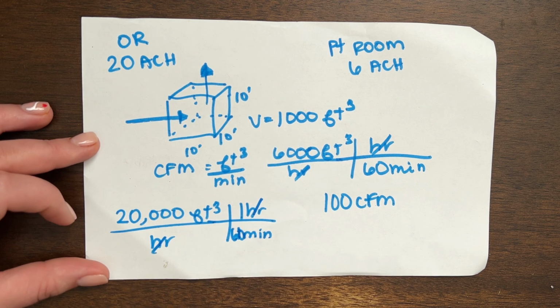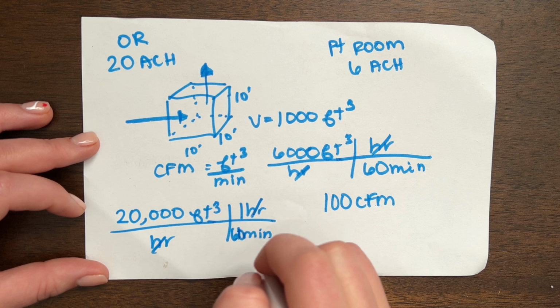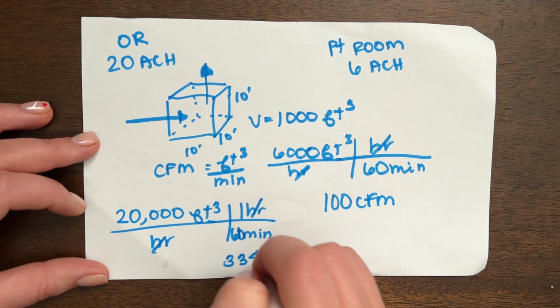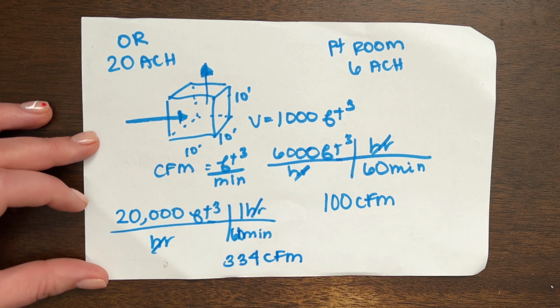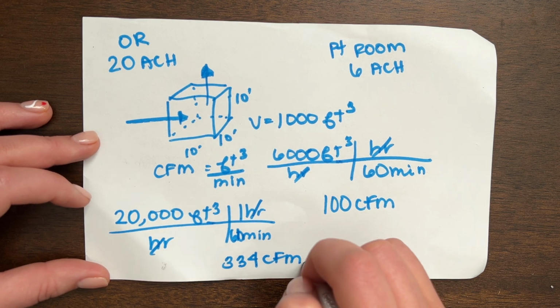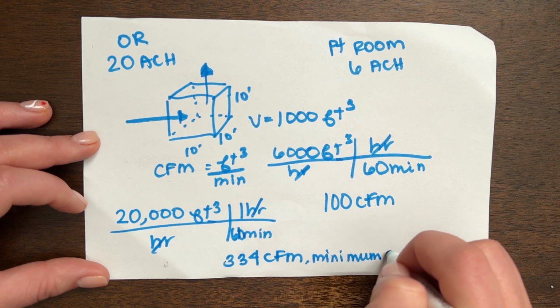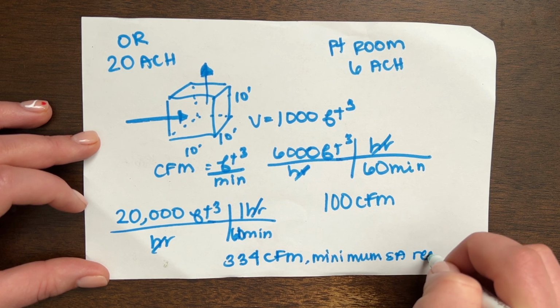Those cancel. So now we have 20,000 divided by 60, which is 334 CFM as your minimum supply air requirement.